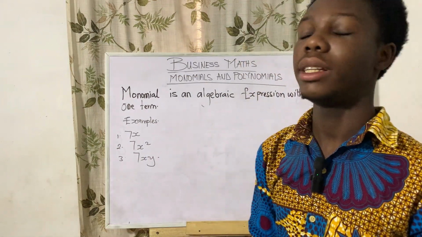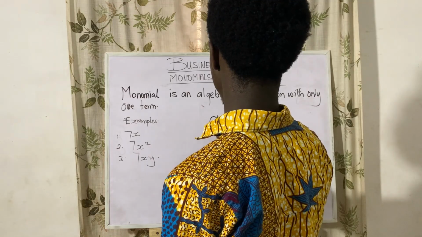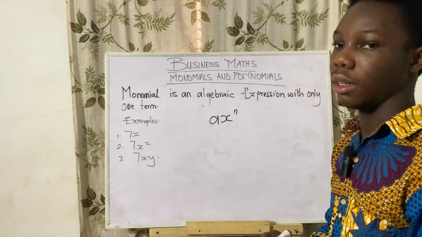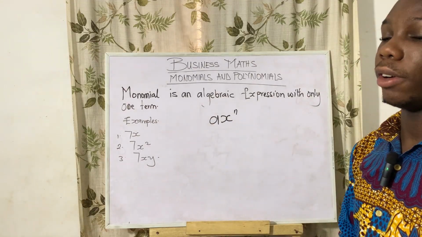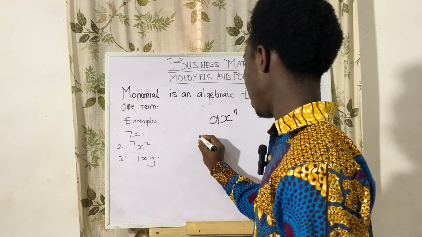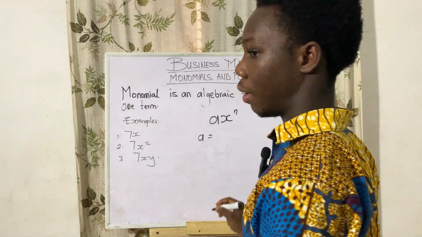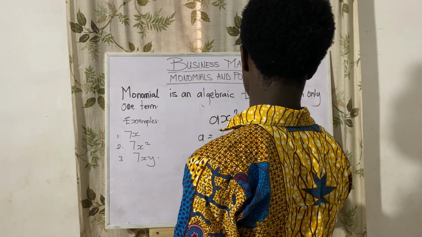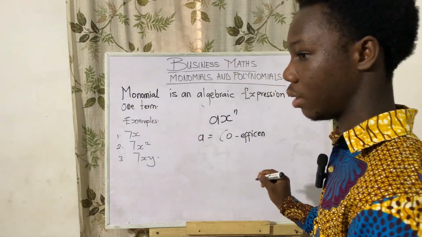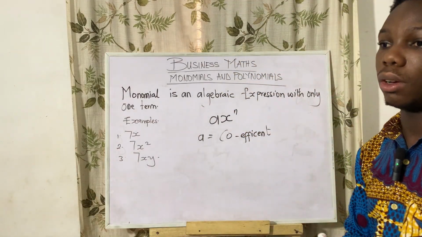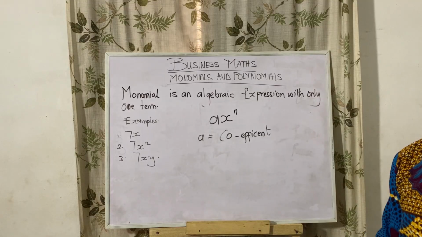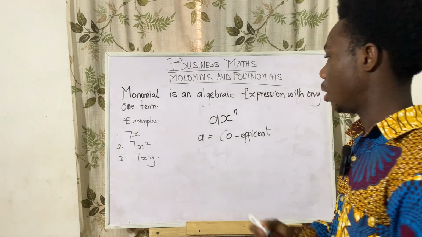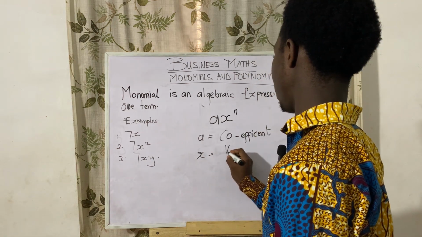Now let's look at this expression. We have ax raised to the power n. Let's explain this in terms of a monomial. Over here, the a becomes our coefficient, the number in front of x.